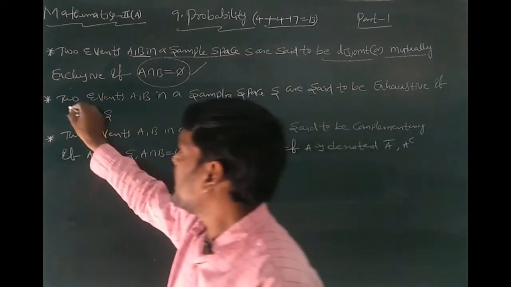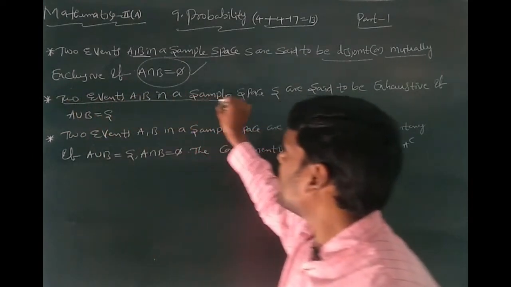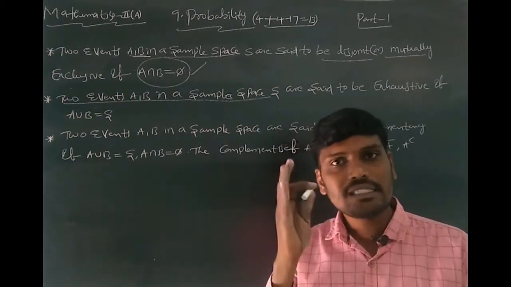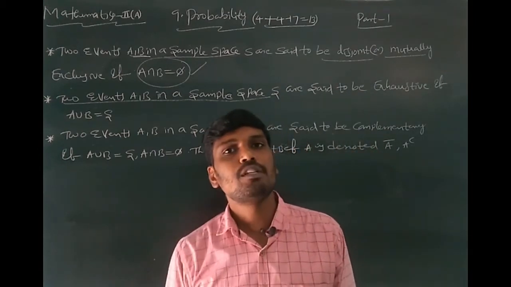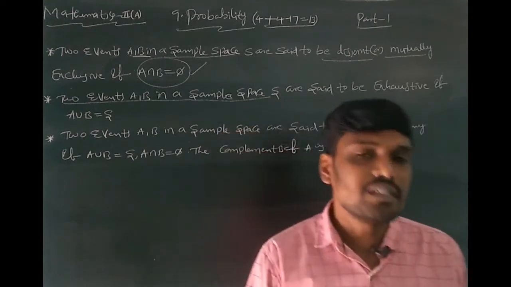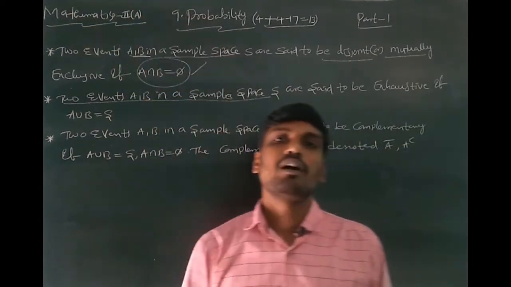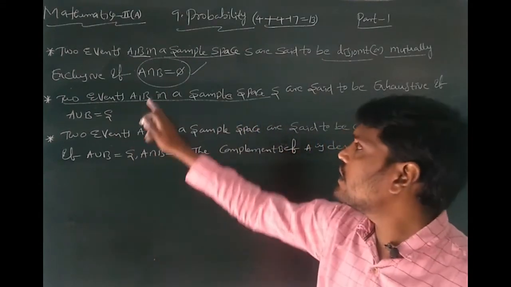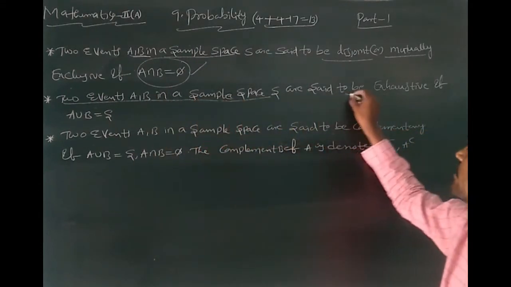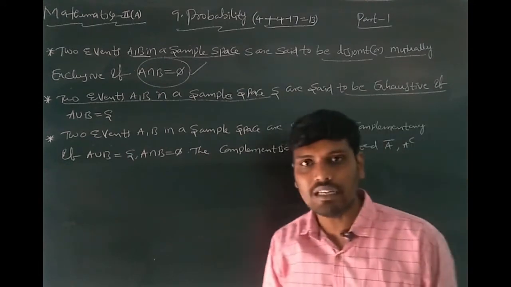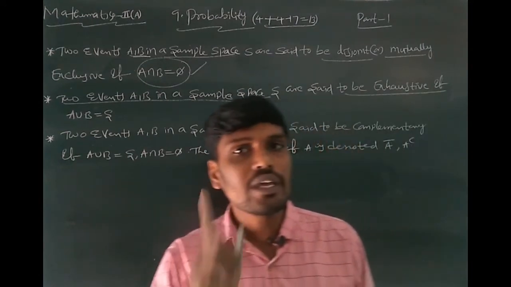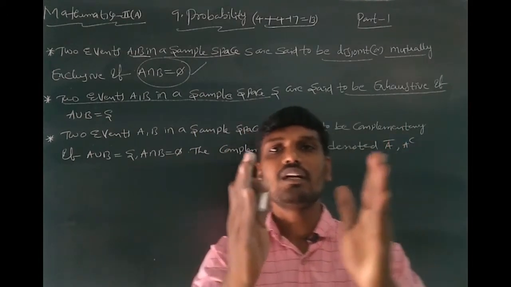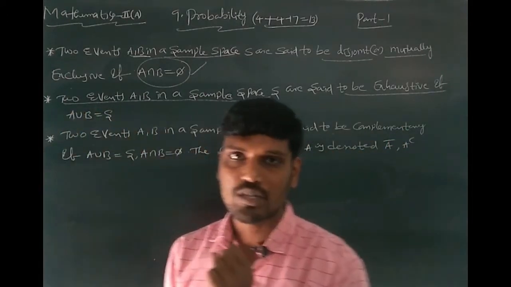After that, next point. Consider a sample space S, which contains a number of events. From those events, you take two events A, B. These two events A, B are exhaustive events if A union B, the combination of the two events, is equal to the sample space.